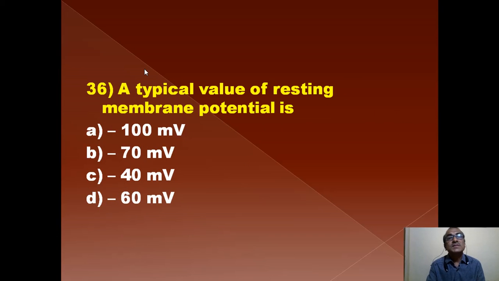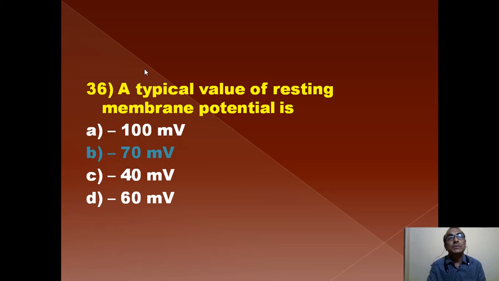Question number 36. A typical value of resting membrane potential is. So, at the resting axon, during the resting period, the resting potential is minus 70 millivolts. So B is the right answer.